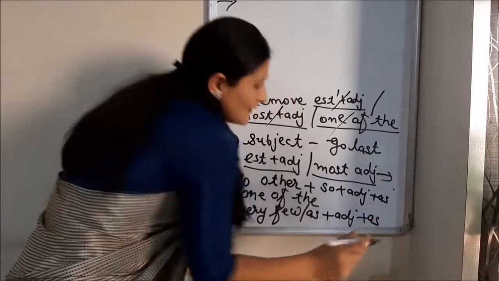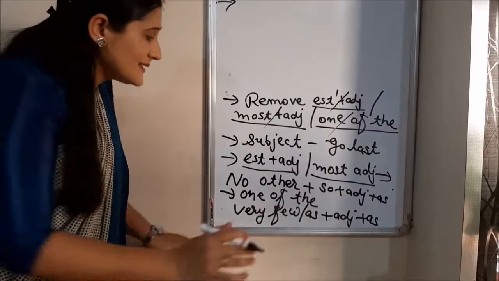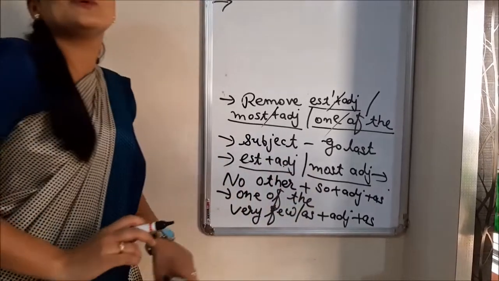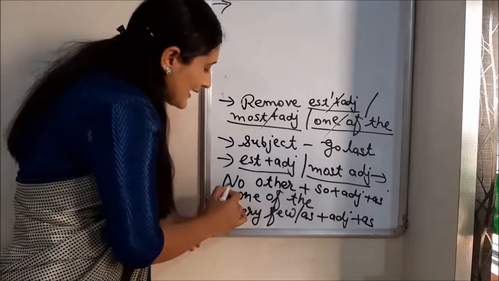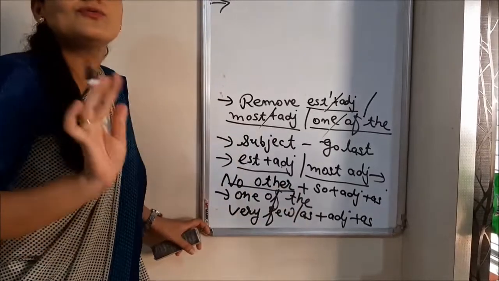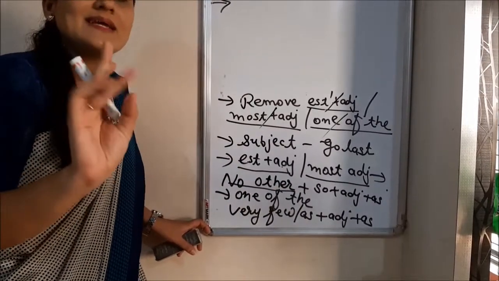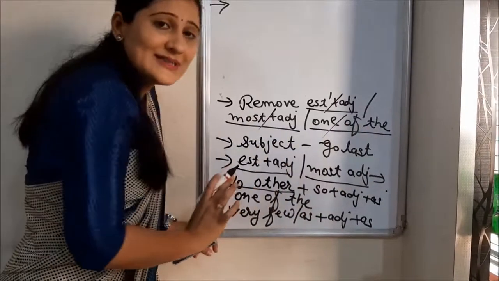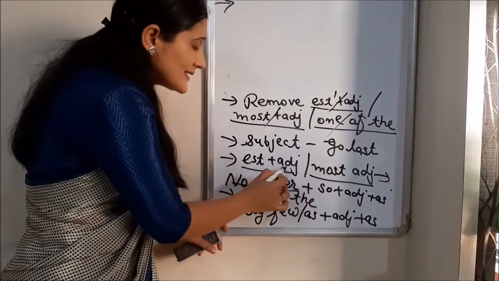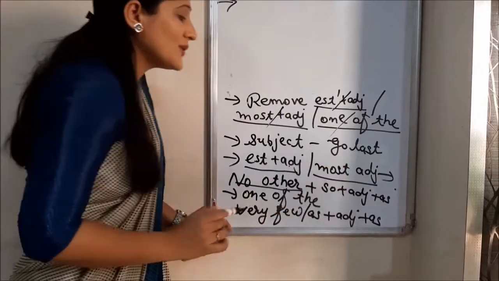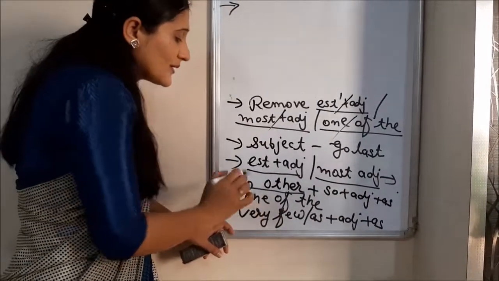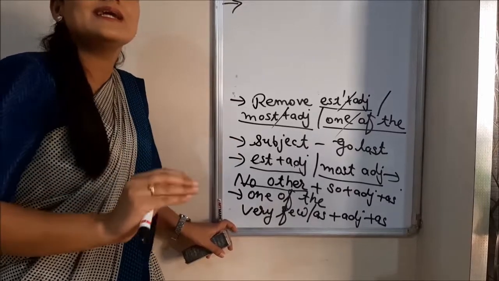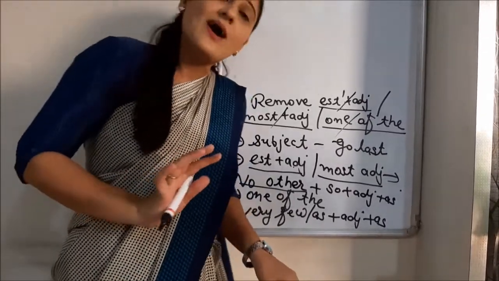See, the simple difference is EST plus adjective or most plus adjective given, then you will write no other. Don't go for very few. Simply keep in mind. Check it out. If the question is superlative degree, and EST plus adjective or most plus adjective is given, then use no other. Don't go for very few.